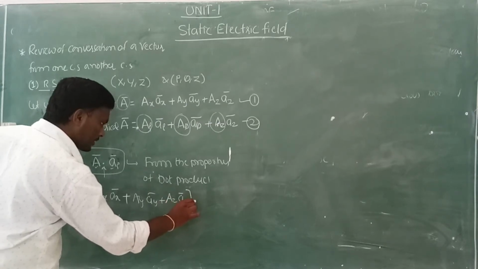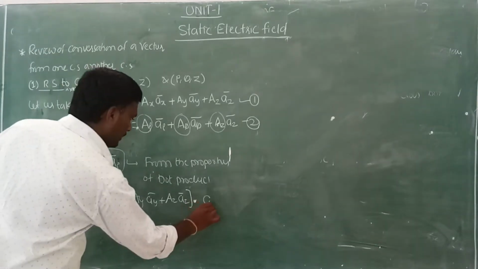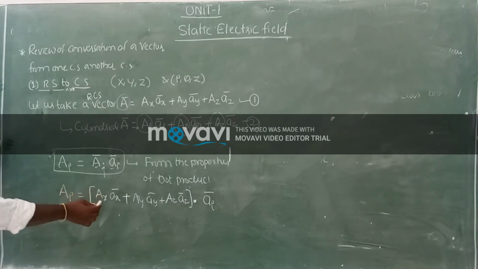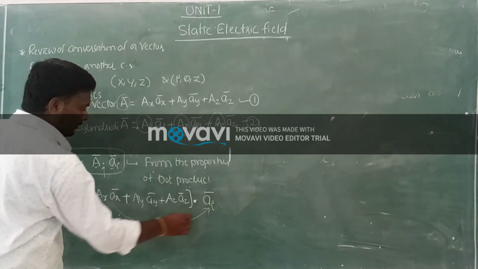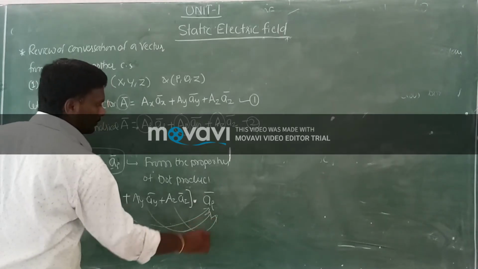It is not multiplication, it is a dot. Now the next step, do the dot product between each component. We have 3 terms, so do the dot product with each and every term.